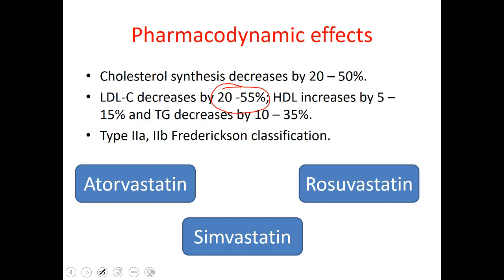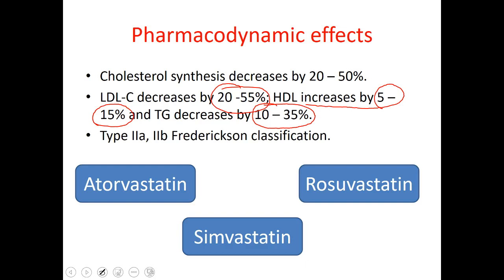They also reasonably decrease the synthesis of triglycerides. 10 to 35% is reasonable, but they have only a slight effect on improving HDL cholesterol.